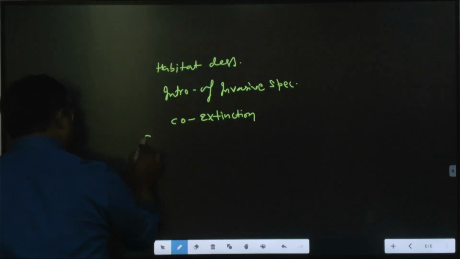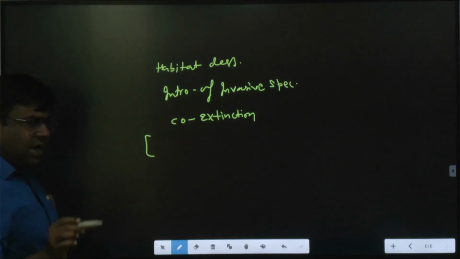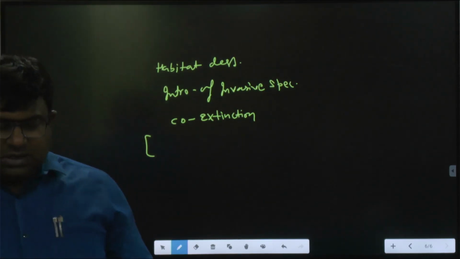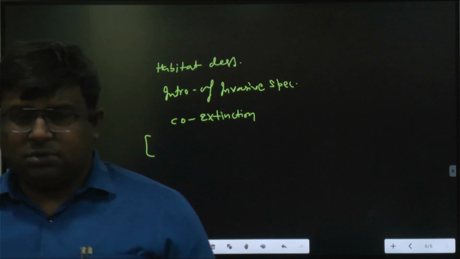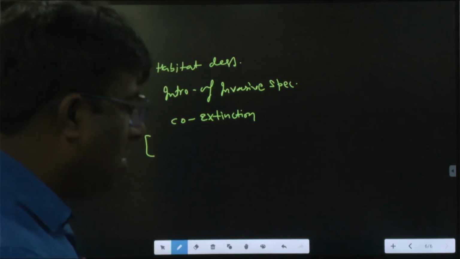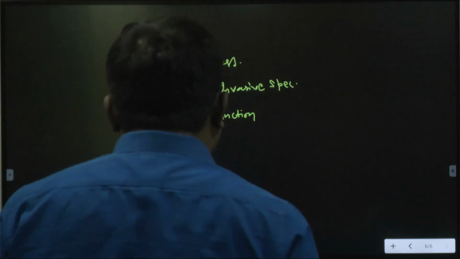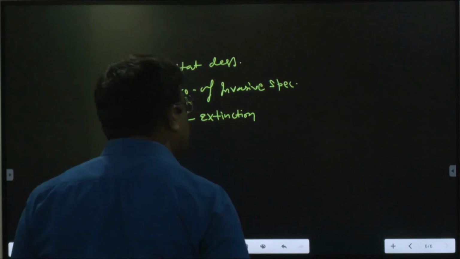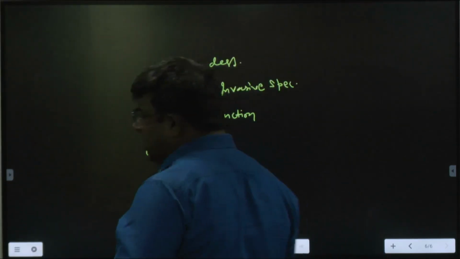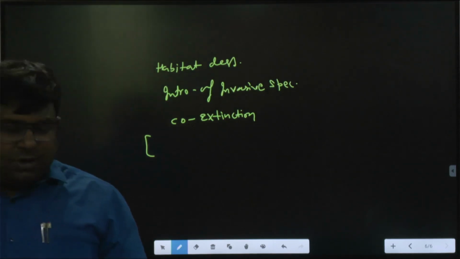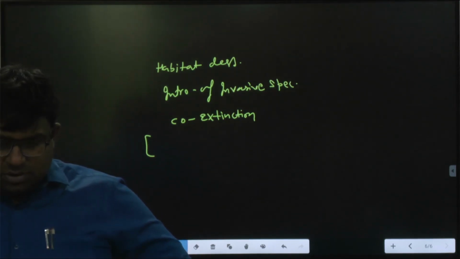Co-extinction is a term you should define. It means extinction of two or more dependent species together.